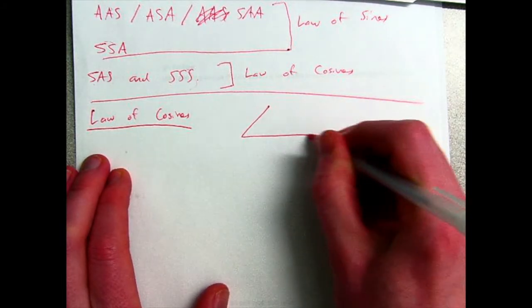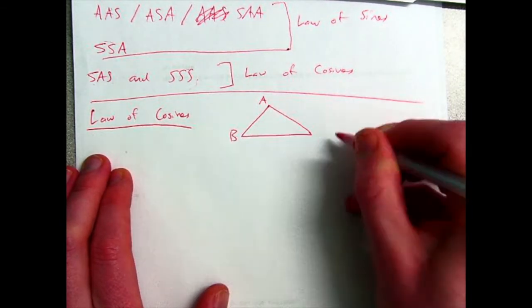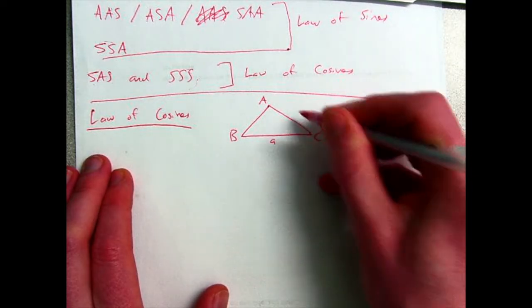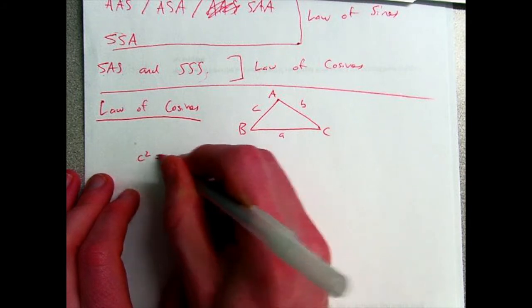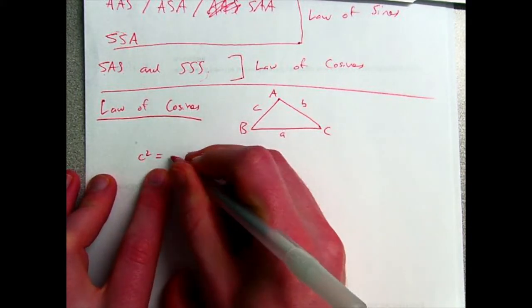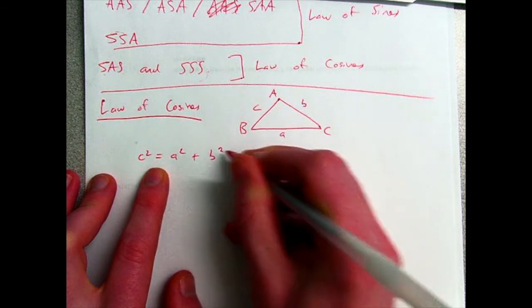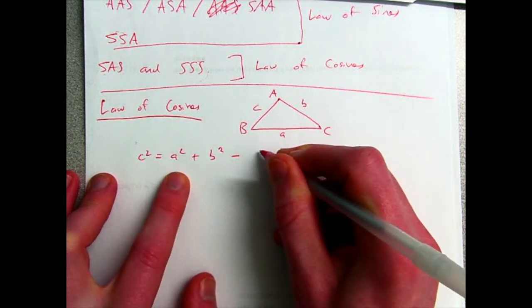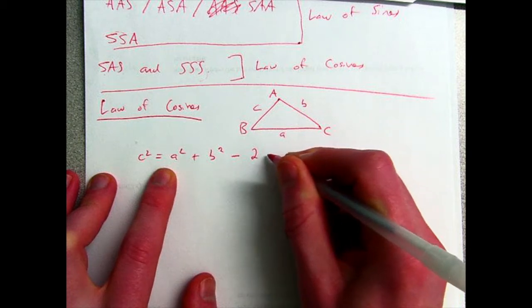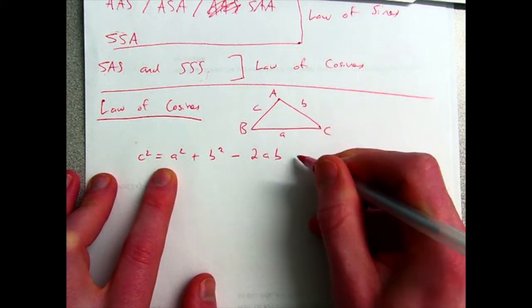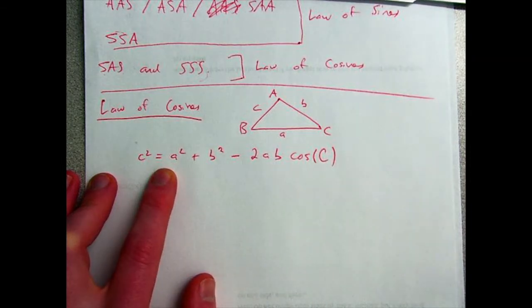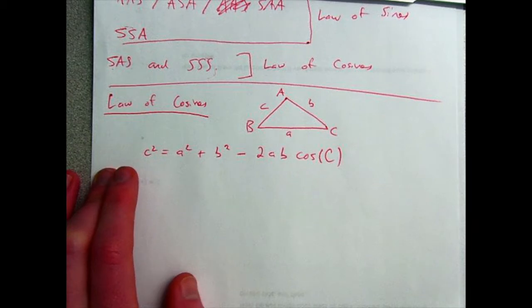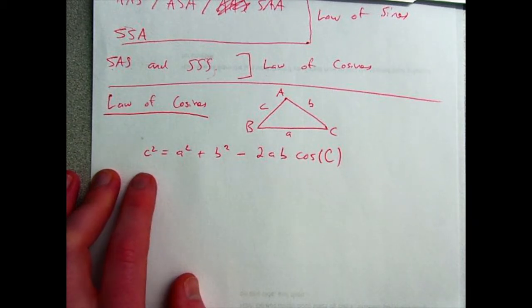If we have a triangle, say capital A, capital B, capital C are the angles, and little a, little b, little c are the sides, the law of cosines says that little c squared, that's the side length, is equal to little a squared plus little b squared minus 2 times a times b times the cosine of angle capital C. So that's the law of cosines. Not quite as nice and clean and friendly as the law of sines, but there it is.